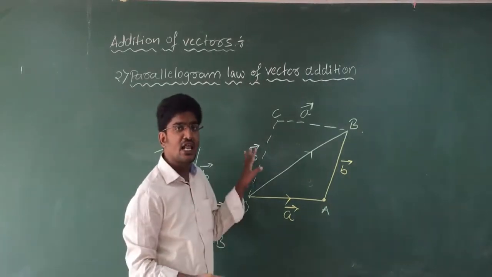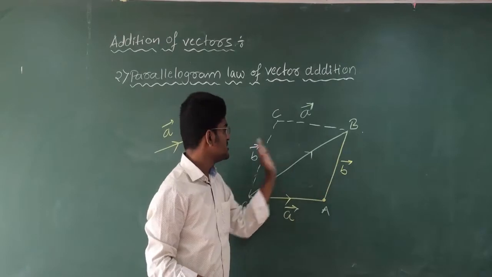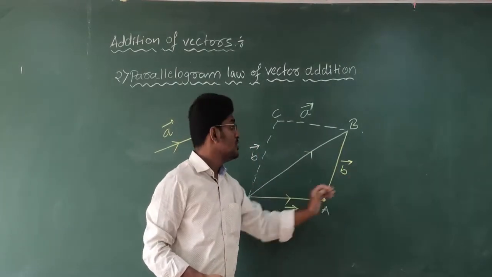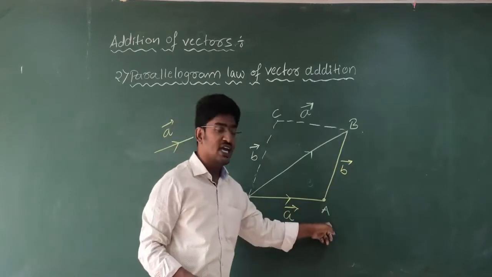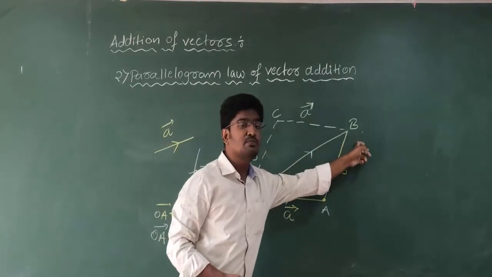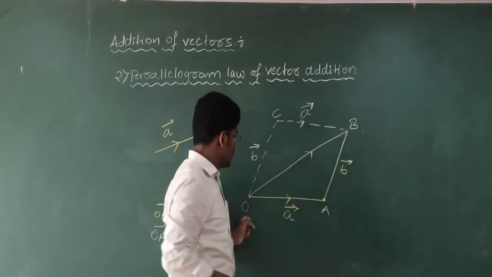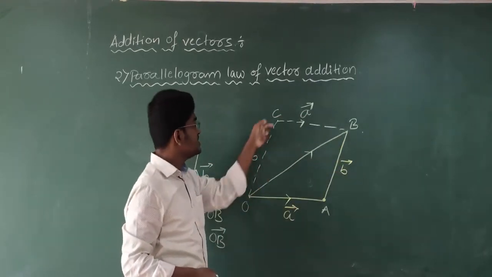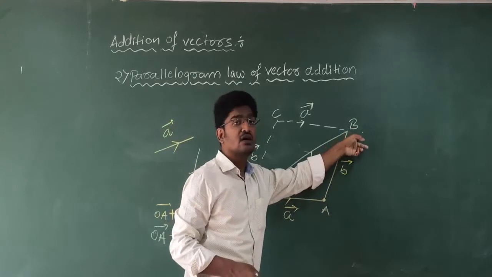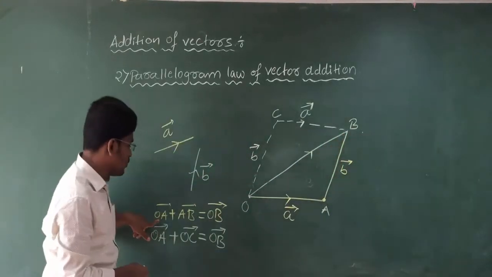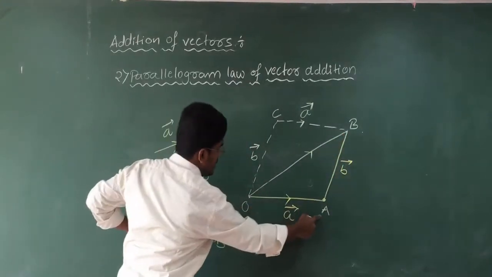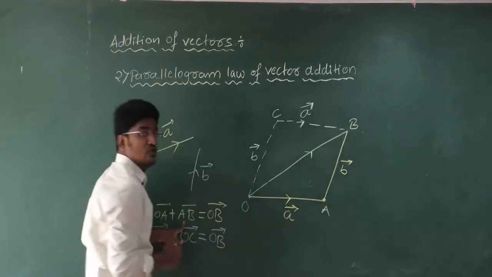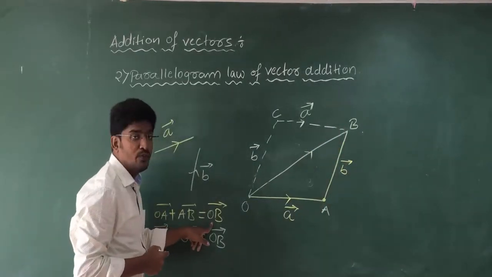Because this is a parallelogram, the opposite sides must be equal. The opposite sides must be equal. So for that reason, OA is nothing but CB, and OC is nothing but AB. Clear? First you have written OA, that is A. Next you have written AB. So from the triangular law it will be OB.